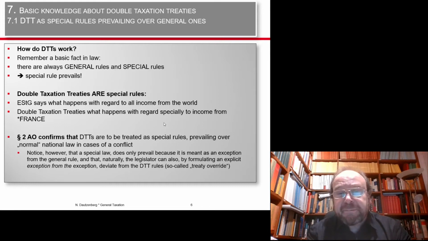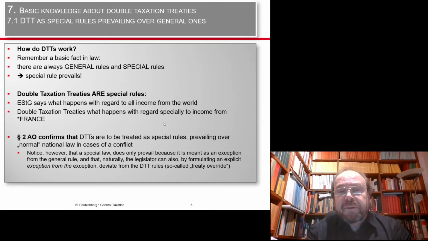Where there is an exception, you follow the exception and apply it. So special rule prevails. And now double taxation treaties are nothing else than special rules deviating from the general rules in the national law as far as they say something on the case.